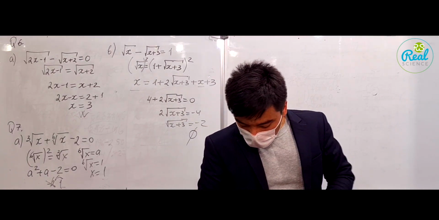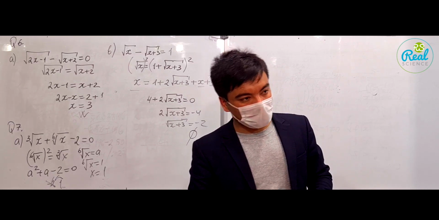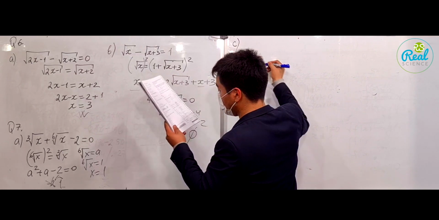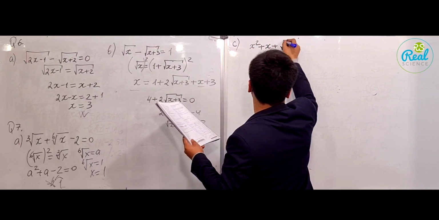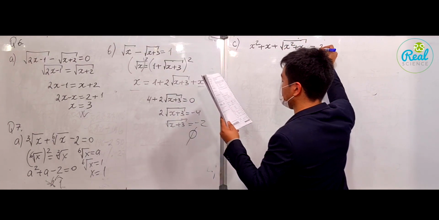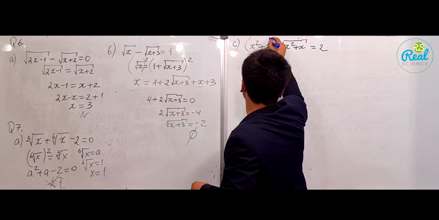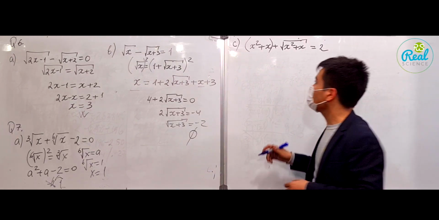So, let's solve C1 from question number 7. Yeah? C1. X squared plus x, squared plus x equals 2. Students, x squared plus x and x squared plus x, they are the same expressions.